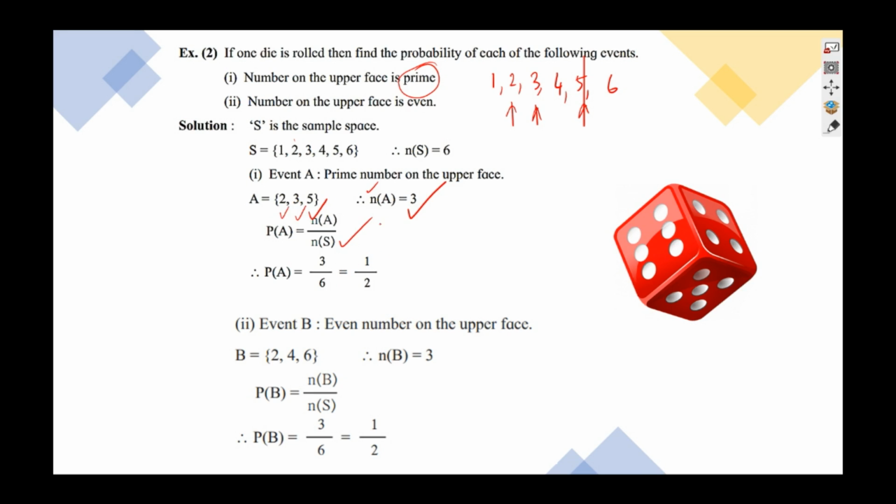So it will be 3 upon 6, and naturally 1 upon 2 is the probability. For the second part of the question, when it is an even number, we know that 2, 4, 6 are the even numbers, and again the probability is equal to 1 upon 2. This way we can simply solve it.